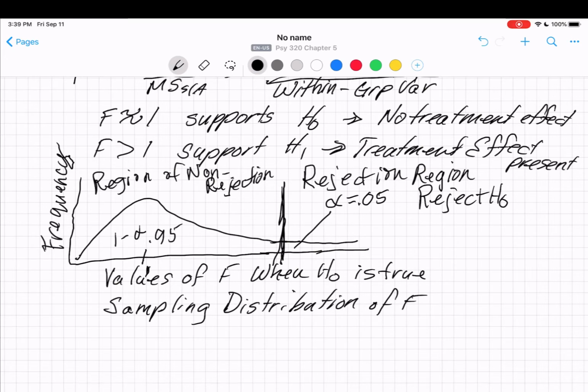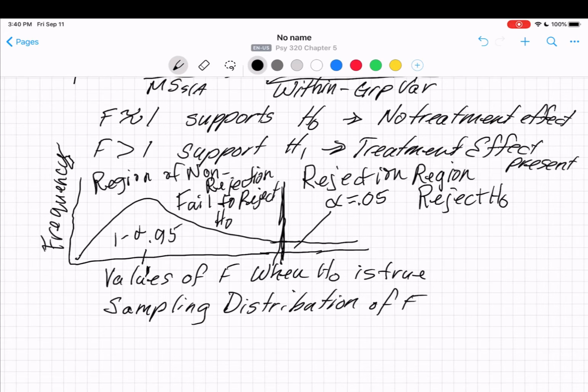So even if it's bigger than 1, even if it's quite a bit bigger than 1, if it's still on the left-hand side, we can't be 95% confident that the results are consistent with a treatment effect. It's still possible you could get that value when the null hypothesis is true. And so we would say over here that we're going to fail to reject the null hypothesis.